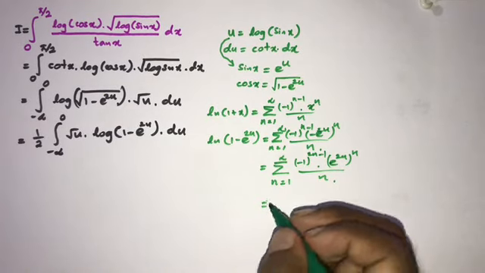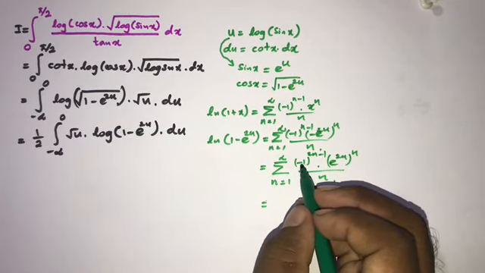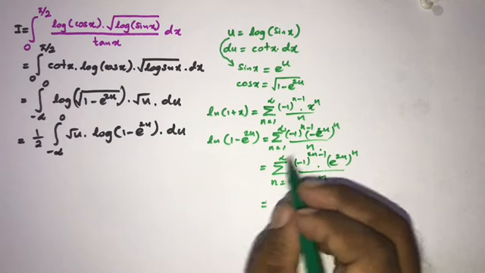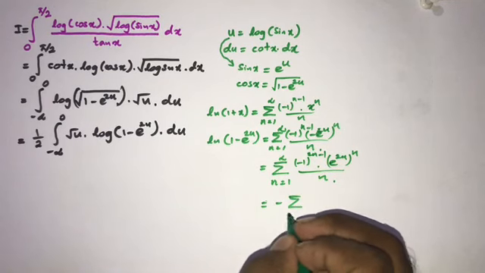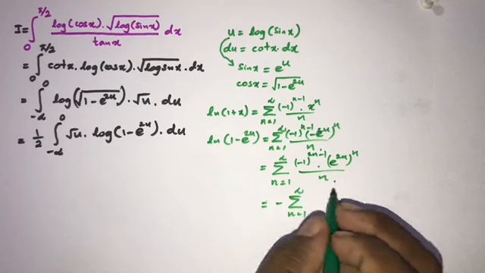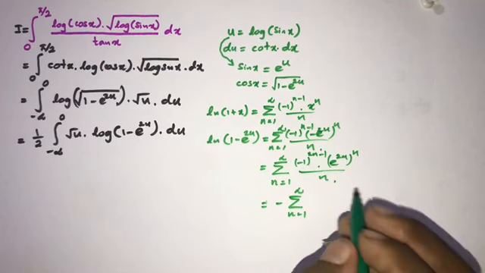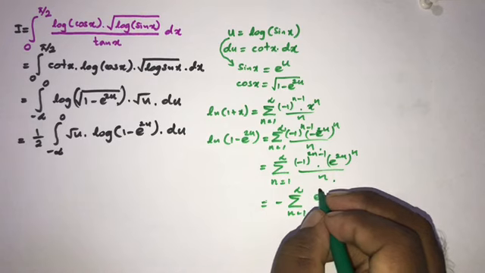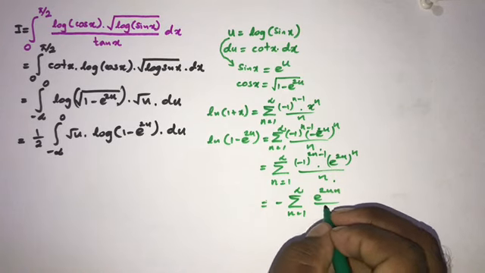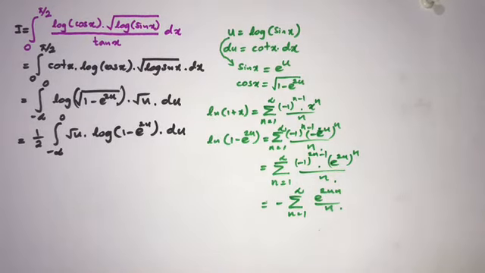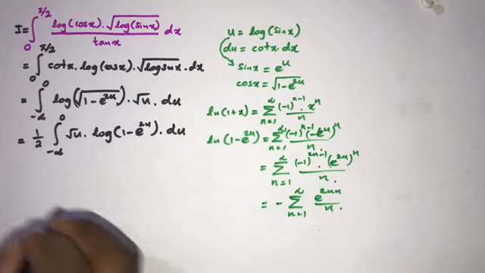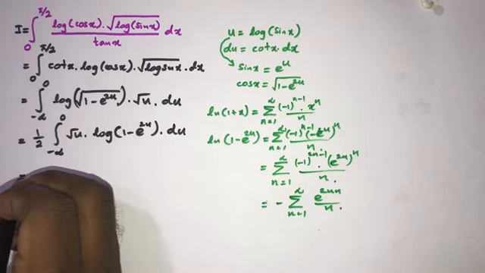Then minus 1 to the 2n minus 1 is minus, so we have minus the infinite sum, and minus 1 to the 2n is always positive, so we have e to the 2un over n.